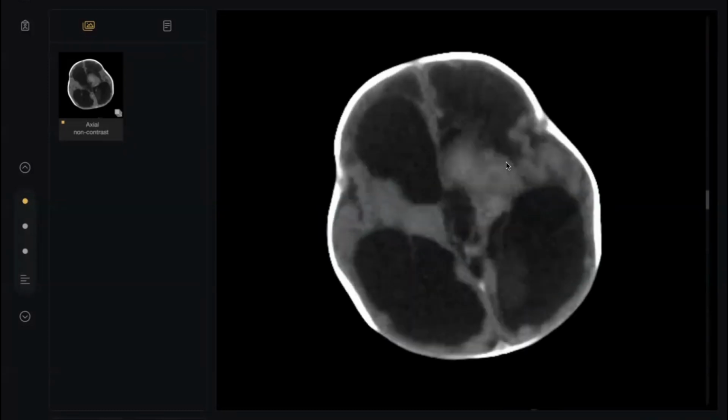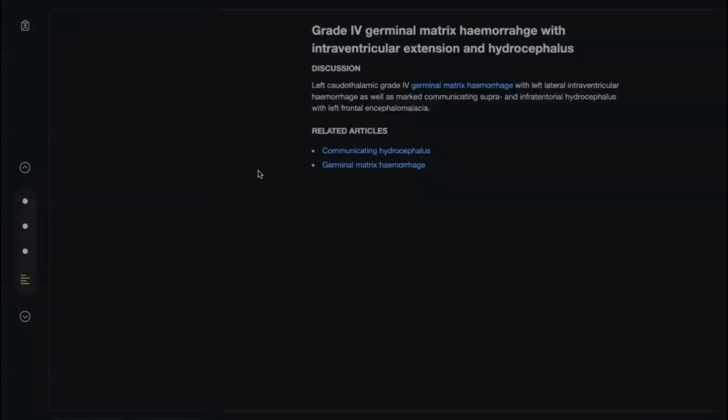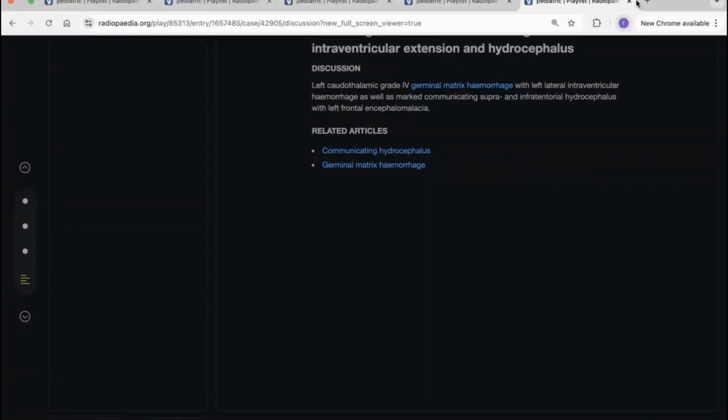What happened first: the bleeding starts normally at the caudo-thalamic groove and then extends here, and then the ventricle is dilated and then extends here. So there is parenchymal involvement, type 4. What is the diagnosis? Grade 4 germinal matrix hemorrhage with intraventricular extension and hydrocephalic changes.